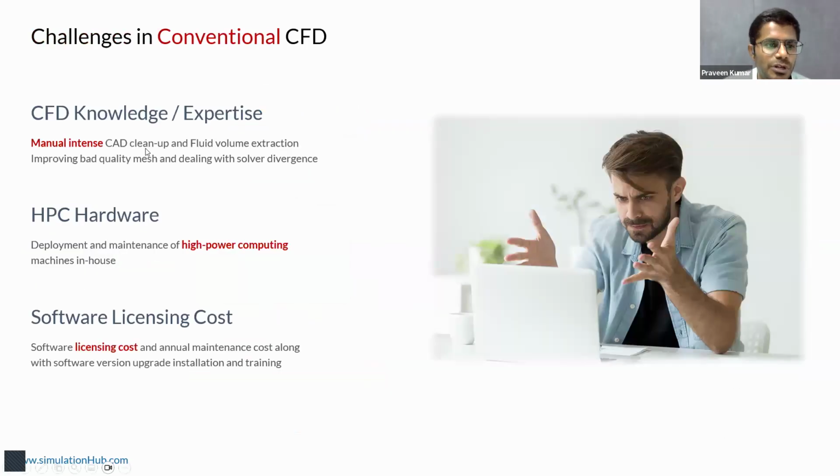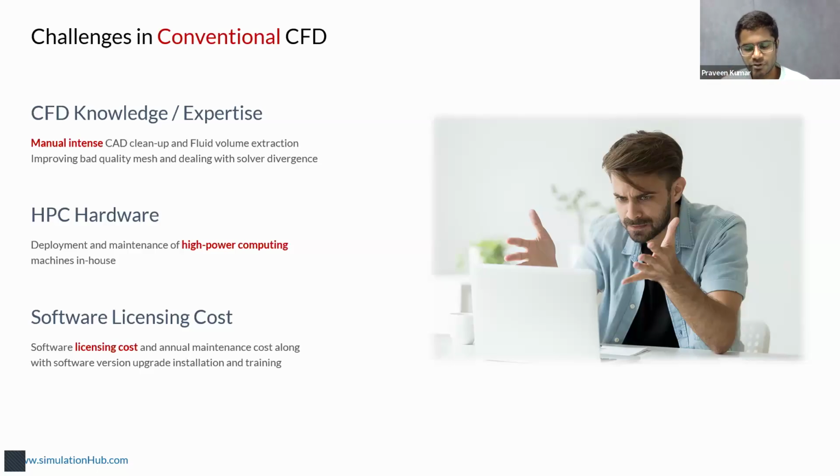So it's very manual intensive, and expertise is required to do all the processes, to bring the appropriate mesh quality, to handle solver divergence, and to extract a meaningful result out of the same thing.